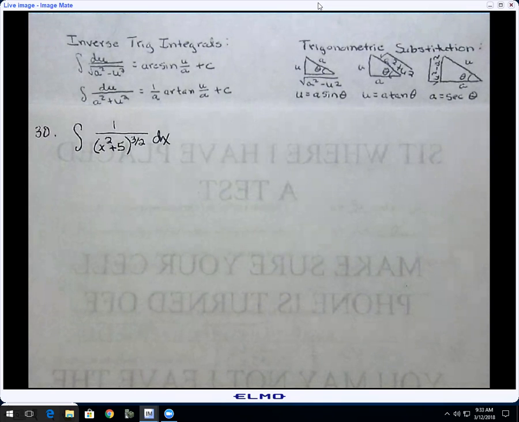It doesn't even have a radical in it. Why is it in this section? Well, we do know what something to the 3/2 means. It's the square root of something cubed.